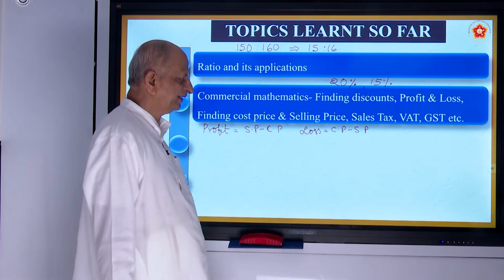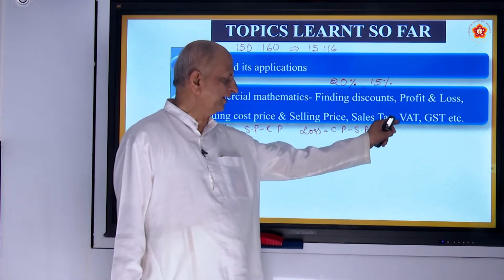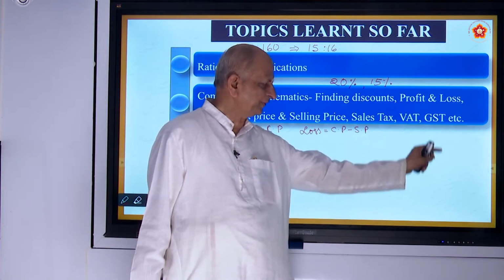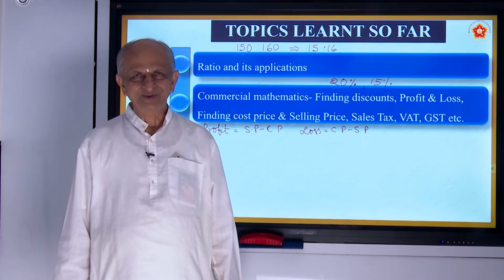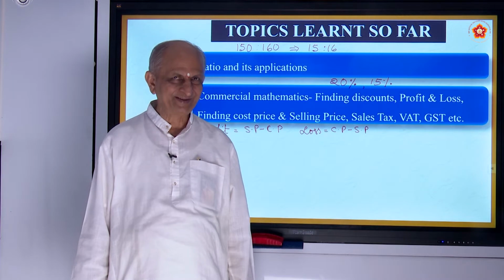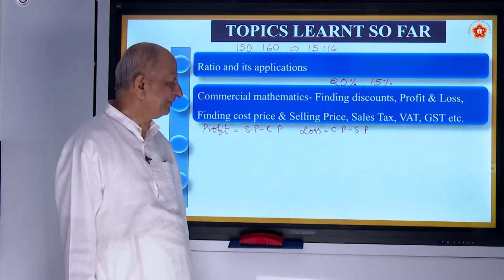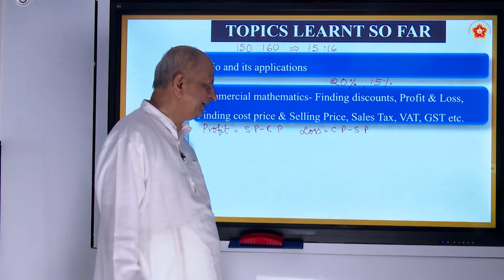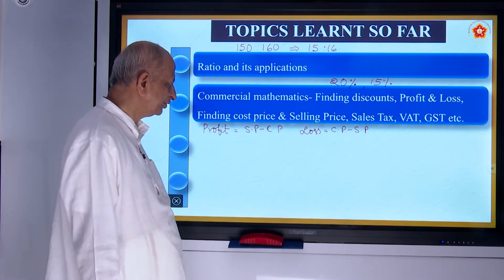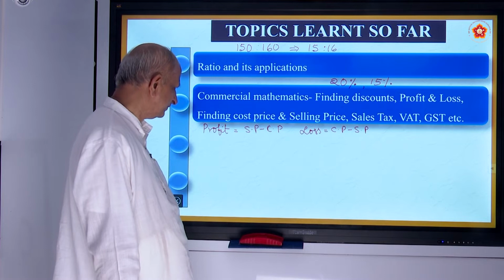And sales tax, value added tax, goods service tax, all these are taxes added to the goods that is sold. Correct? And that will be in percentages, and that will be added to the selling price.